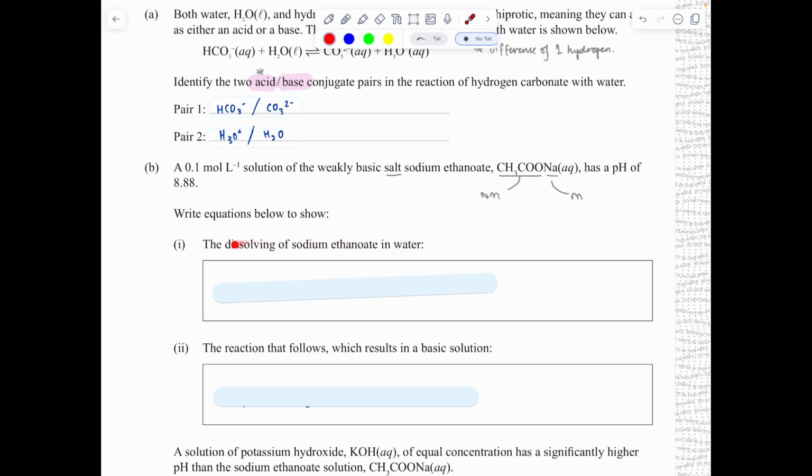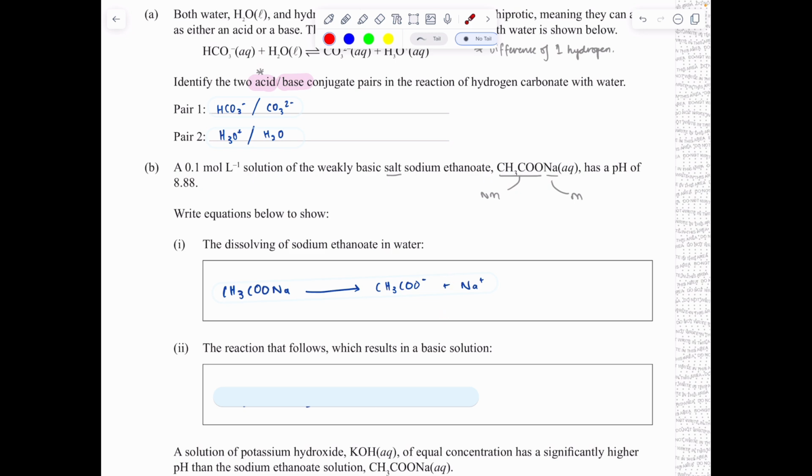Whenever you come across the keyword dissolving, this essentially means how it's going to break up into its ions. So in water, we've got sodium ethanoate. It is going to break up into its ions as shown over here.